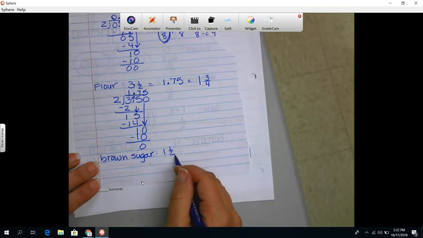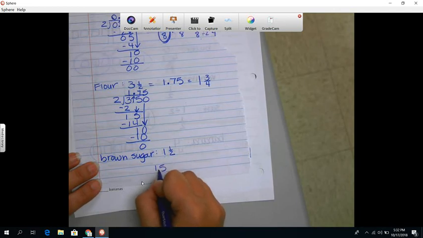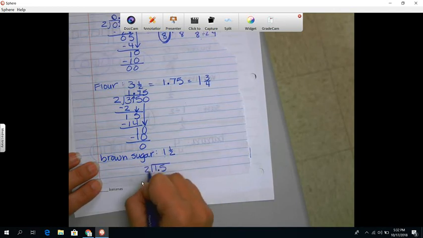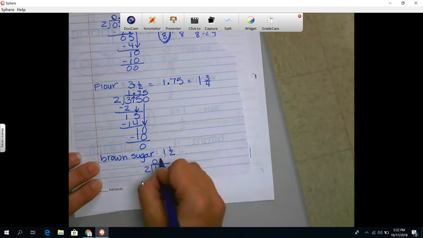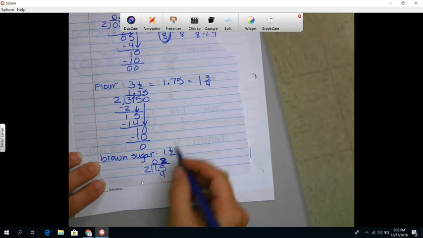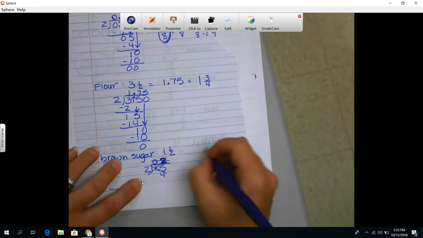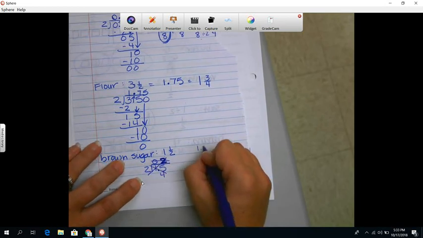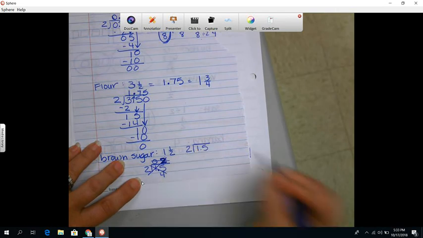Half of a half is 1/4. I know that this is also 1.5 as a decimal, so I could divide. Scratch that. All right, so we're going to go 1½ divided by 2. See, I even make mistakes.